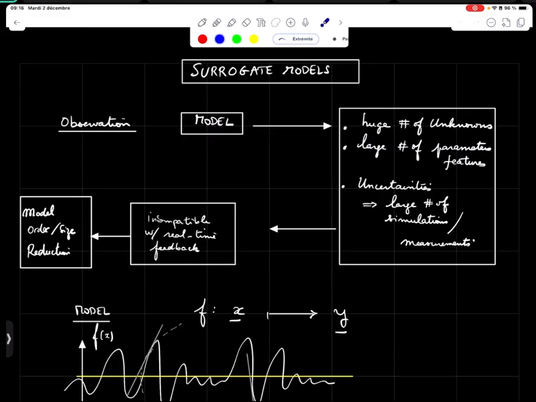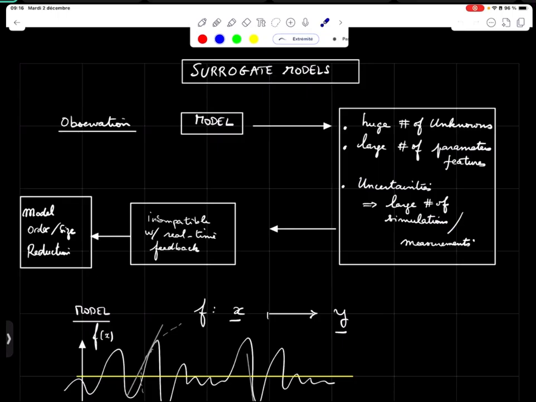Then there are different possibilities. Either you're going to test the whole parameter space, or you are going to have some data that's going to help you with the uncertainty quantification, because you are going to then be able to update the model.